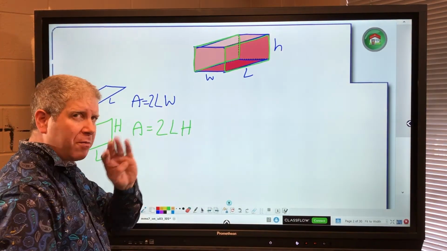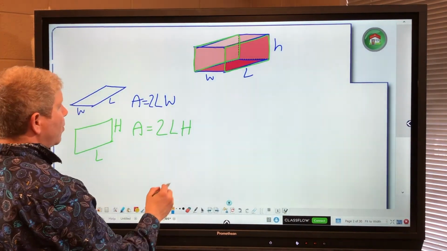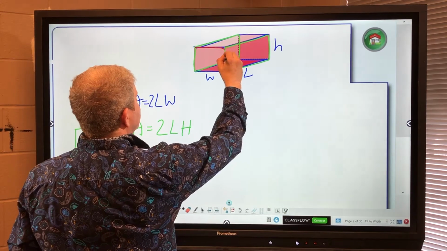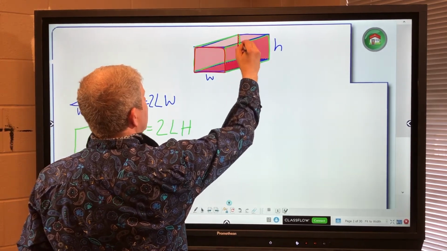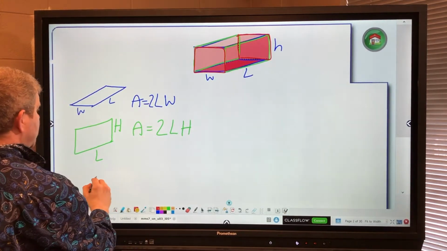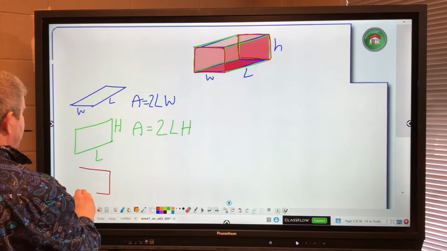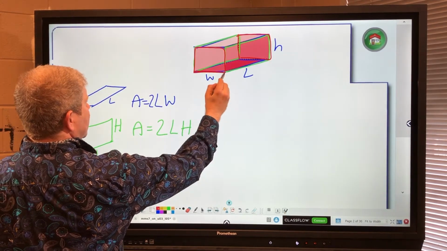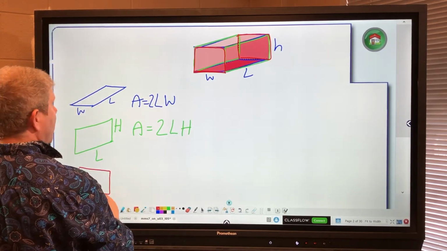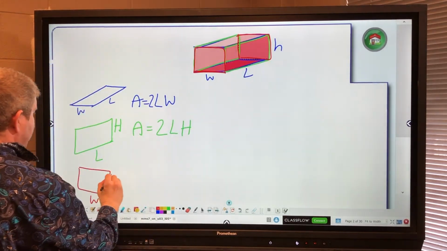Now we've got 4 faces covered, and in red, I'm going to do our side walls. There's 1, there's 2, and I'm going to draw them down here. These side walls have a W on the bottom and they have an H on the side.